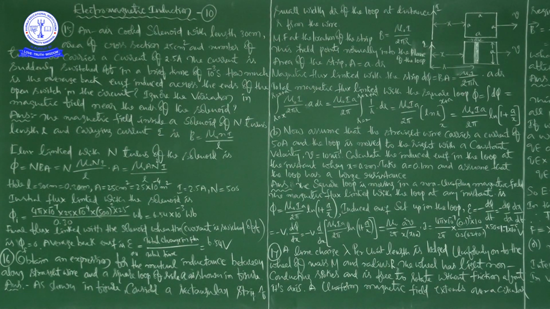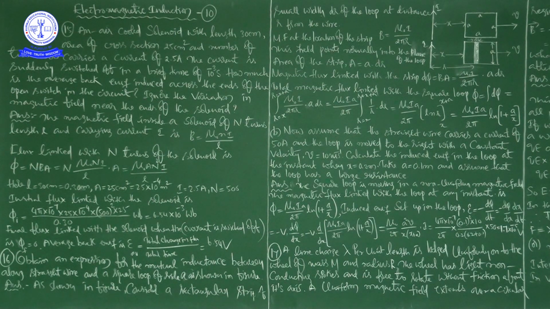In place of d phi we write this value, take out the constants, and integrate from r equal to x to r equal to x plus a the term 1 by r dr. Using the formula integration of 1 by x dx equals ln x, and applying the limits, the total magnetic flux linked with the square loop is phi equal to mu naught I a by 2 pi into ln of 1 plus a by x.